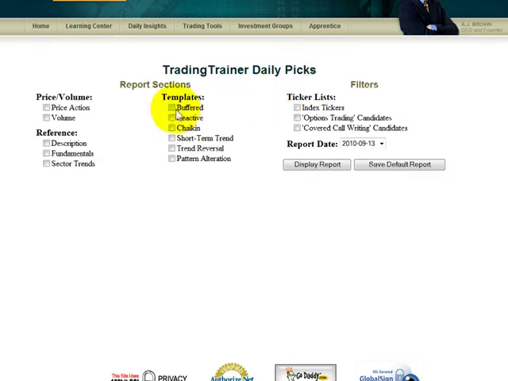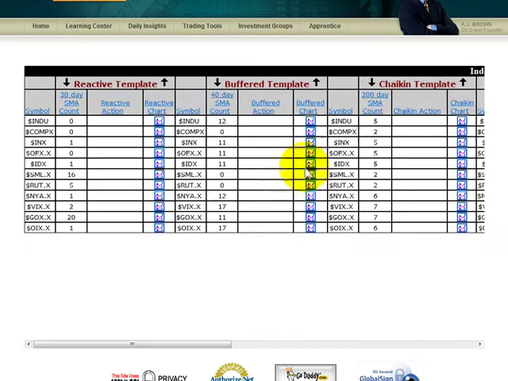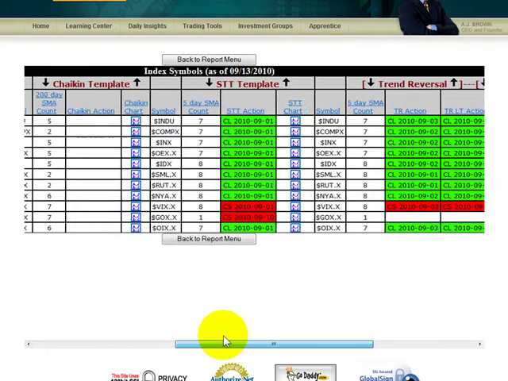I want to go ahead and take my templates and apply them to the indexes now and see if we've got anything going on here. All right, so our reactive, buffered, and shaken templates, these are the ones that are more long-term. They're called trend continuation. They require a longer-term trend. They don't have accumulated enough trend in the upward direction to even kick in.